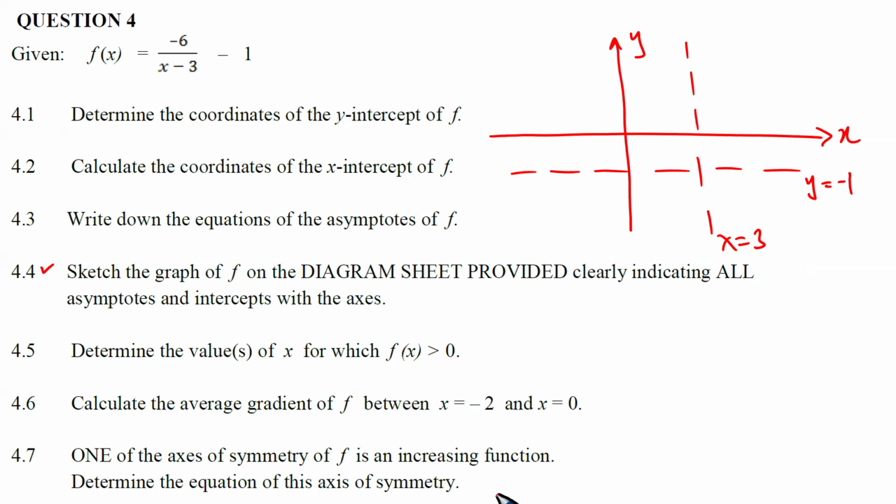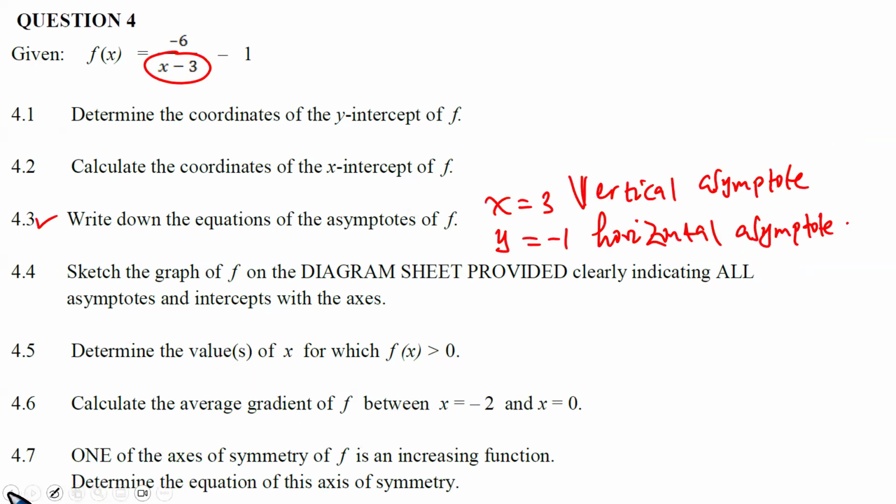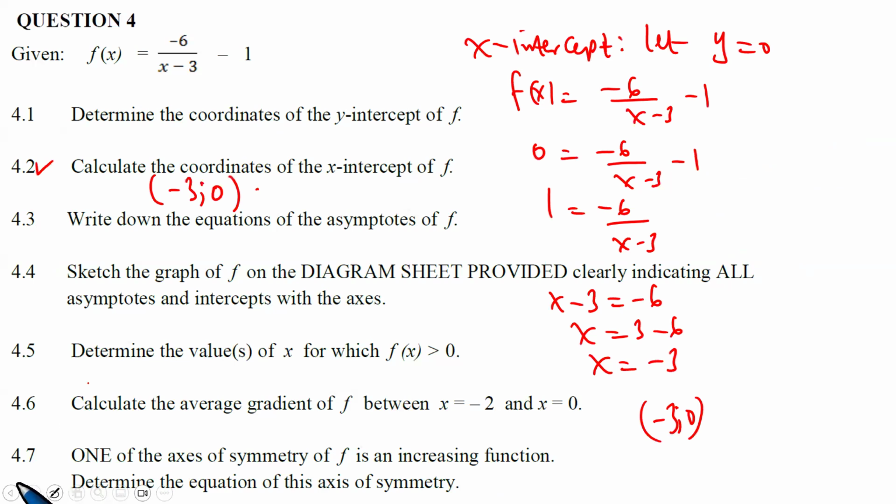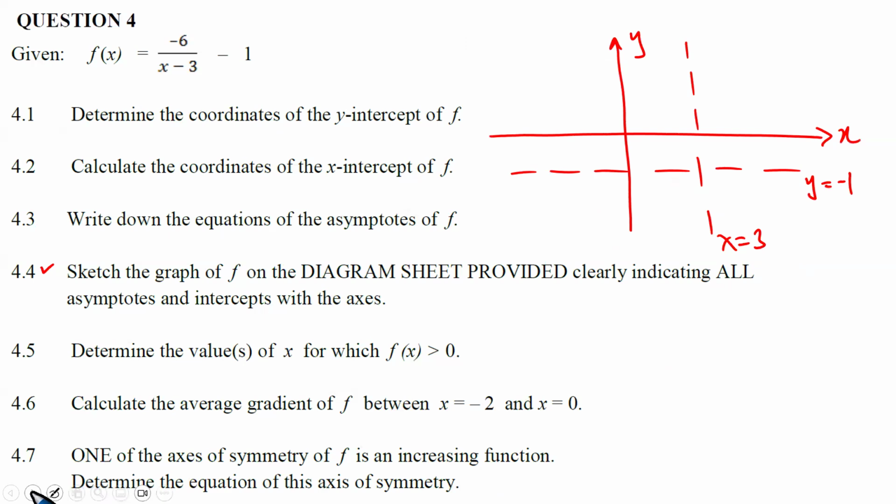Right, so we have seen the intercepts with the axes: the x-intercept is minus 3 and 0. So you have minus 3 together with 0. That is the x-intercept.